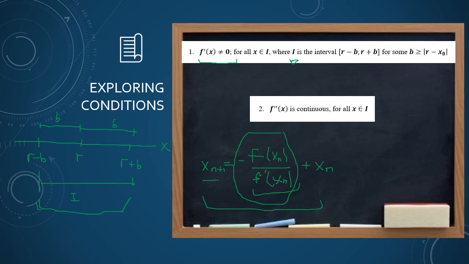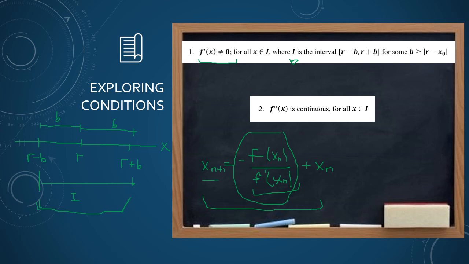Okay. Now, let's see. So condition 2 was just a little bit more discussion on condition 1, and these aren't all the conditions. Let me just reiterate that these are just a few to get an idea of what's going on. So condition 2, f double prime of x is continuous for all x in the interval. Now, this had to do with the proof for convergence.